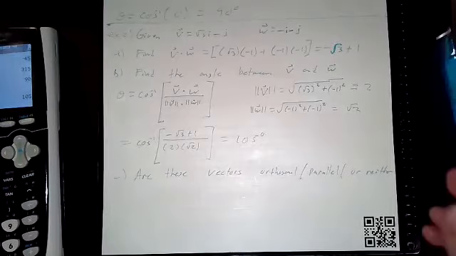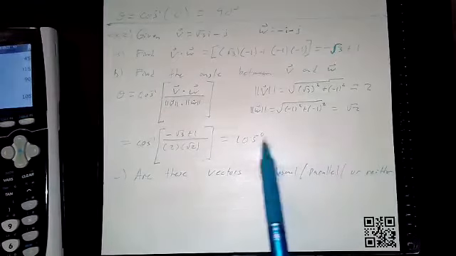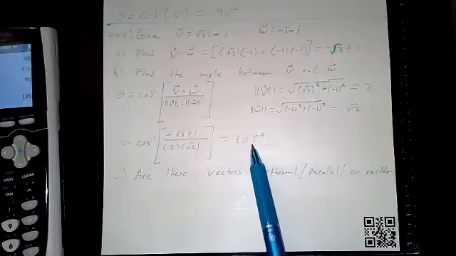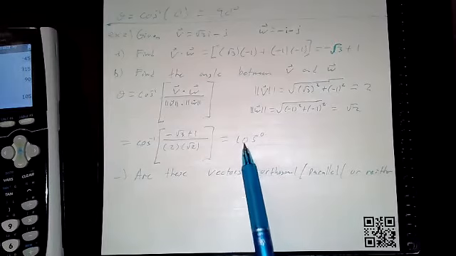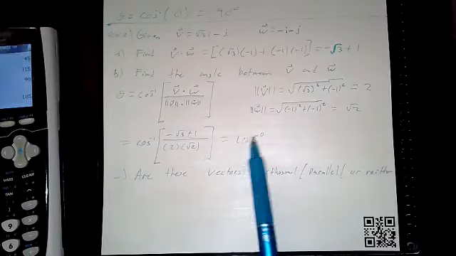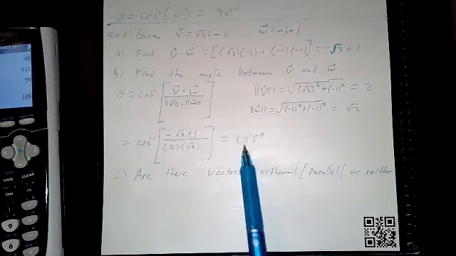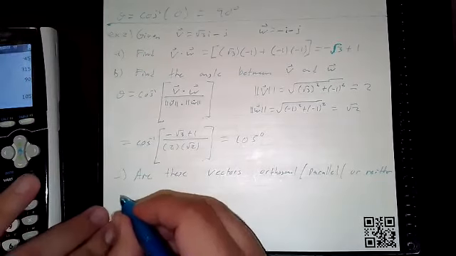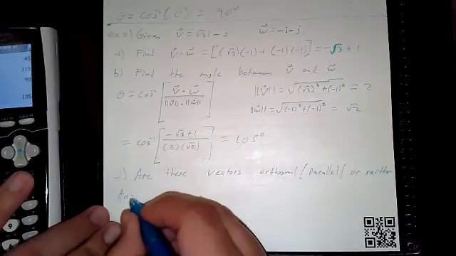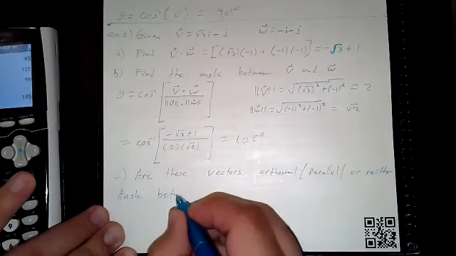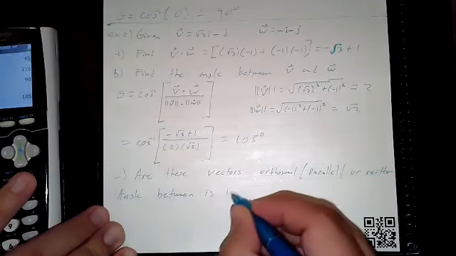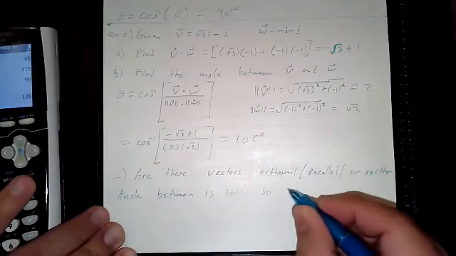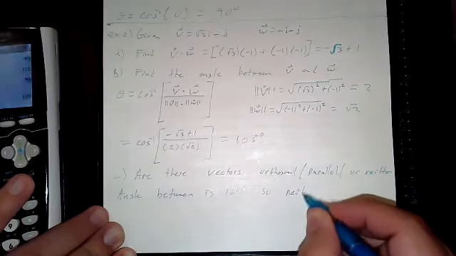So if they're parallel, then they're right on top of each other, meaning this angle here would be 0. If this angle is 90, then they are orthogonal, or in other words, perpendicular. If it's neither of those, well, you say neither. Angle between is 105 degrees, so neither.